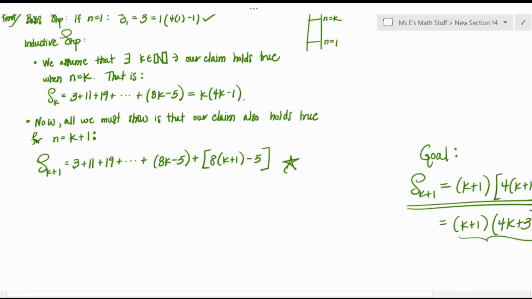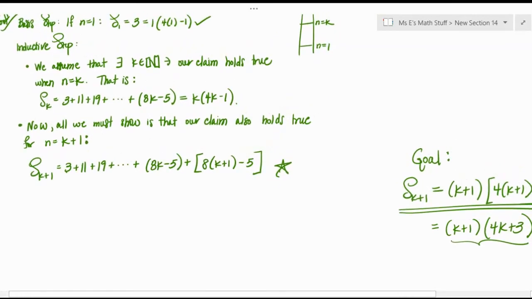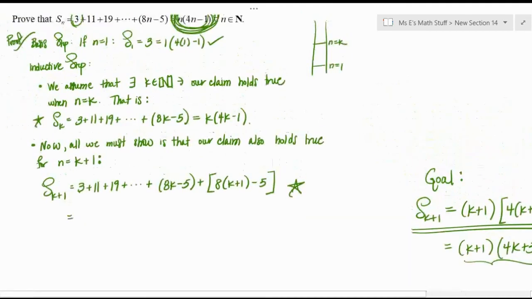Okay, so now let's come over here and see if we can get that. The next thing you always do, once you write the sum of the first k plus 1 terms on the term by term side, is use your assumption and substitute. You substitute the first k terms in with that formula. So that means you can replace all the way up to here with k times 4k minus 1.